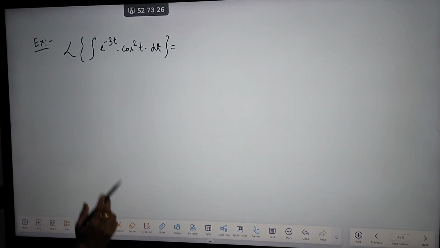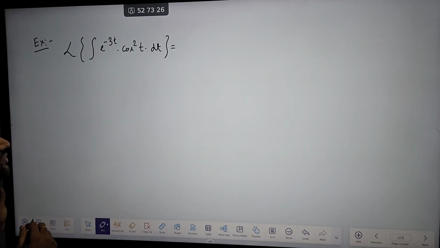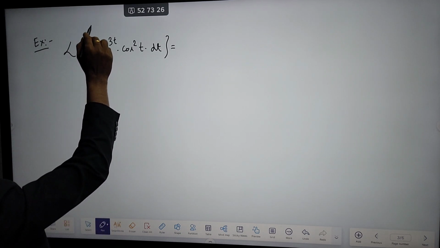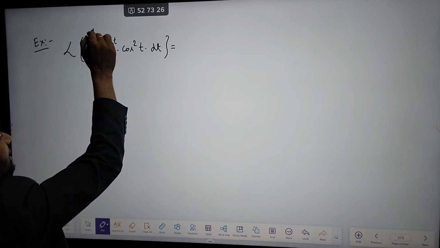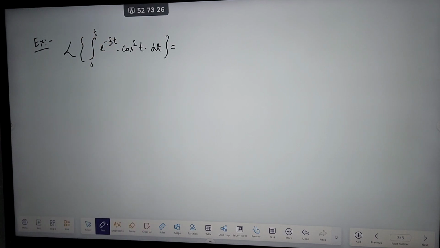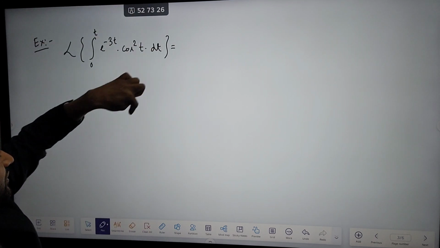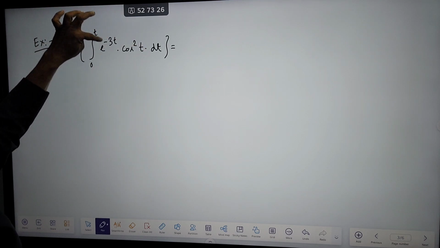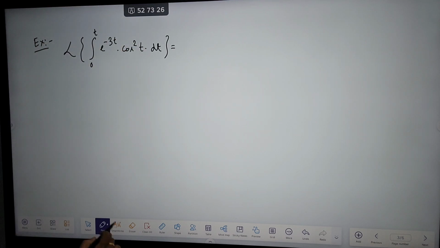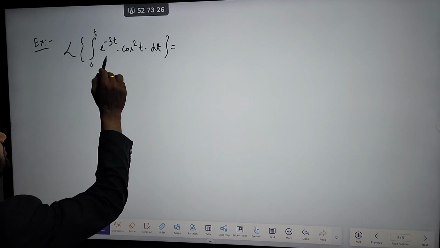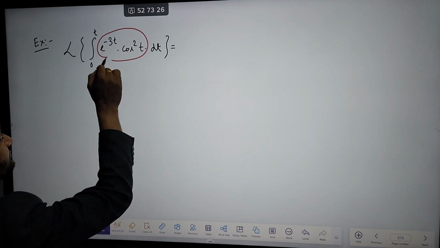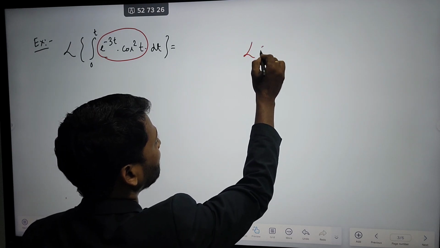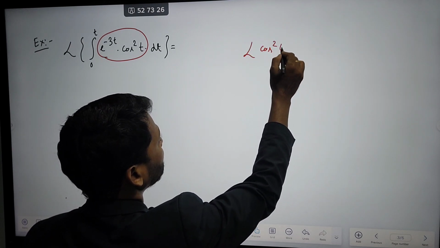Laplace of the integration of e to the power minus 3t cos square t dt. See, here we are multiplying e to the power minus 3t by cos square t and the limit is from 0 to t. So you have to find the Laplace of the entire function, the integration from 0 to t. What is the function? e to the power minus 3t cos square t dt. Here we can say our function is this one. Okay, so for that, first we'll find the Laplace of cos square t.